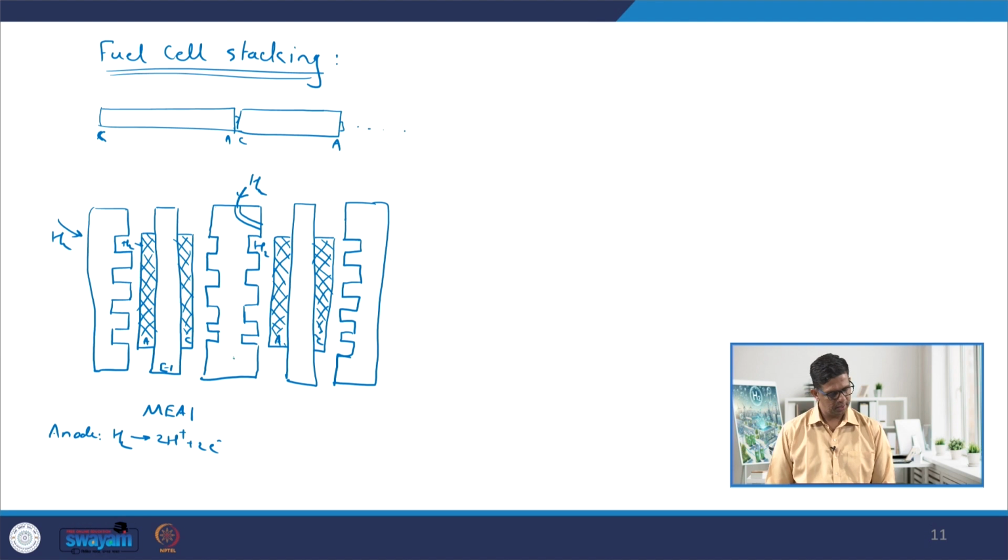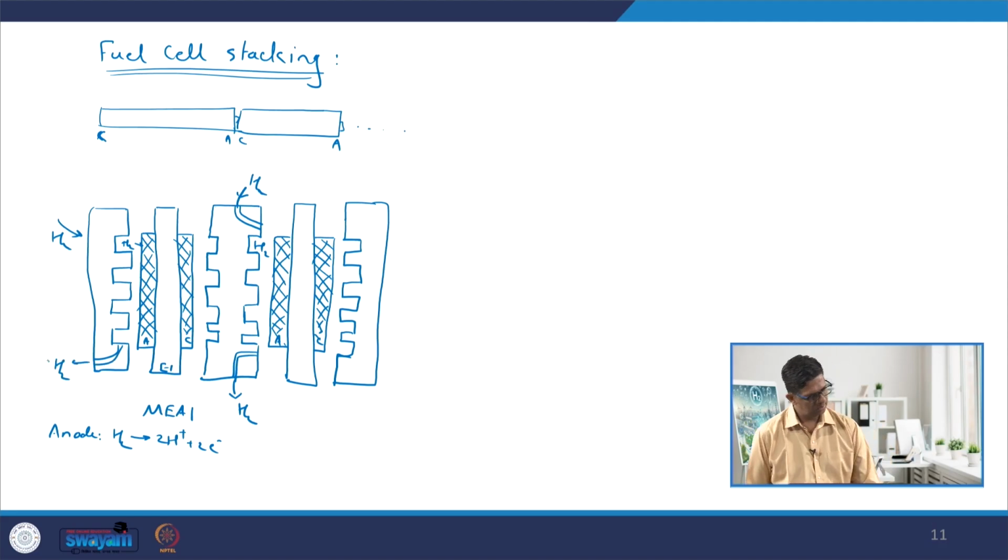Once it reaches, it is taken out. So, this side is taken out. This is unused hydrogen. Similarly, we have an arrangement to take the hydrogen out from the first cell. So, this is unused hydrogen, this is also unused hydrogen.